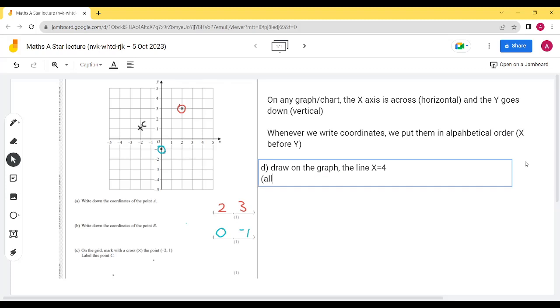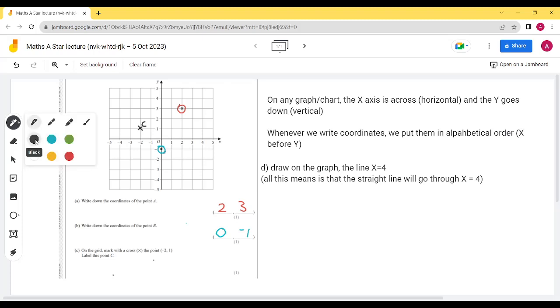All this means is that the straight line will go through x equals 4, because it doesn't matter what y is. Our equation for the line is x equals 4. So if y equals 5, x equals 4. If y equals 0, x equals 4. Sorry, I don't have a straight line thing here.